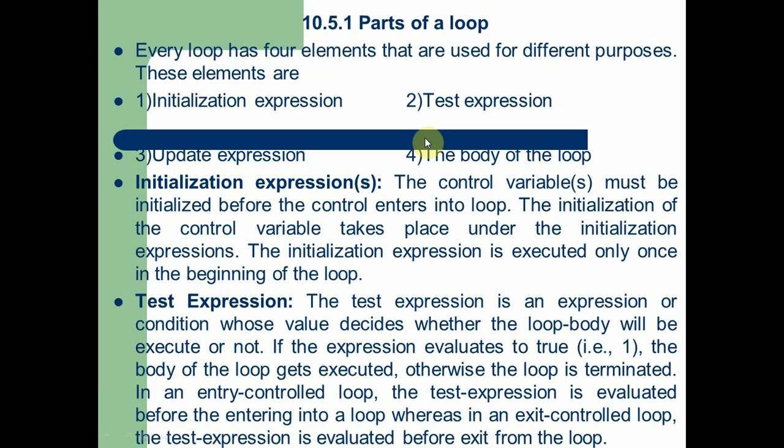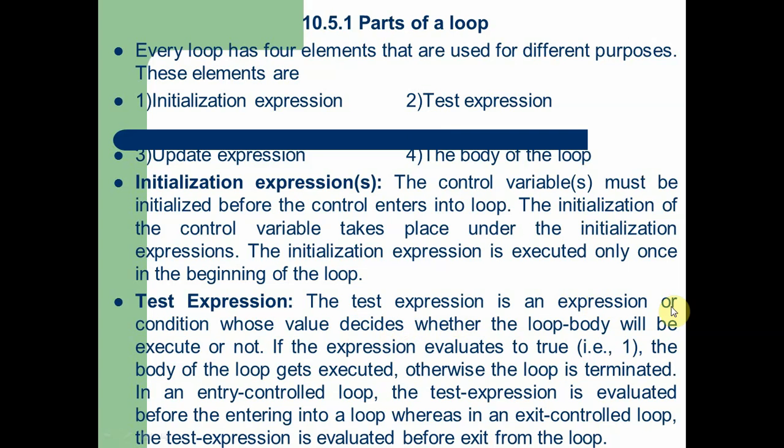The next, second expression is the test expression. It is an expression with a relational operator like less than, greater than or equal to, less than or equal to. So any condition we can give here. This expression is evaluated each and every time the loop iterates.